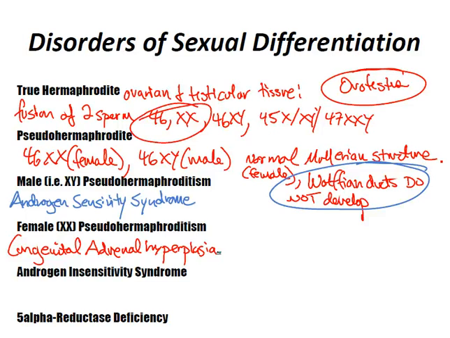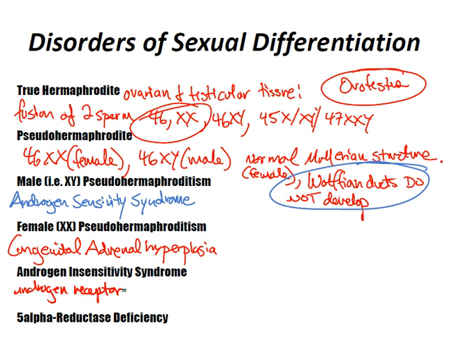So let's talk about androgen insensitivity syndrome. This is testicular feminization with the 46XY karyotype. It's caused by a defect in the androgen receptor, resulting in a normal-appearing female with a 46XY karyotype.